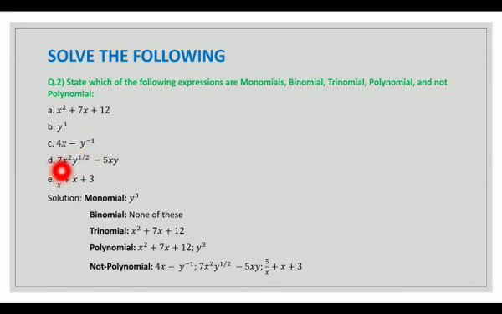In the D option, 7x square y raised to half minus 5xy, here the y term has a fractional power, so it is not a polynomial. And 5 upon x plus 3, here x is in the denominator. When it goes in the numerator, the power becomes minus 1. So again, it is not a polynomial.